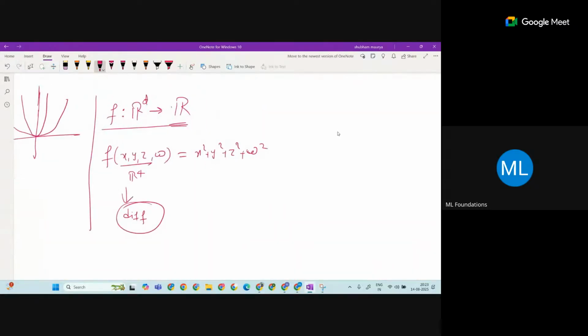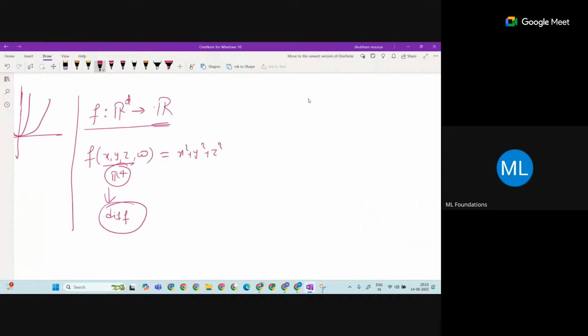If you try to visualize it, we cannot visualize four variables, but if you remove one, then in at least 3 variables it will look like this. Even this needs 5 dimensions to graph, so we have to remove at least one more. Then this function is going to look like this.